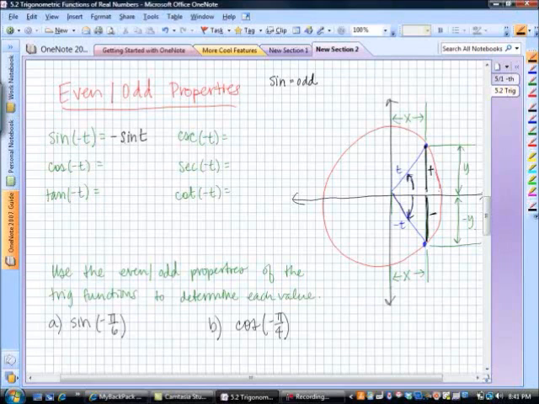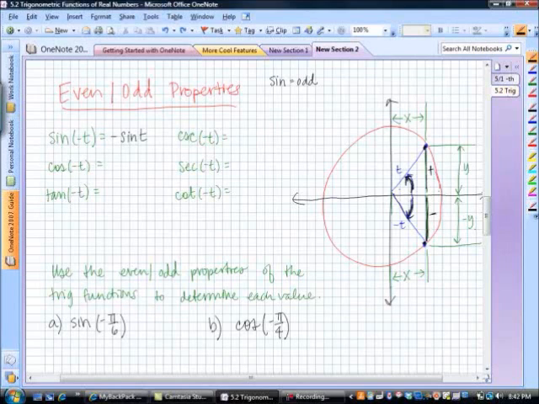Now let's look at cosine of t. Cosine t, remember, is the x value. So when we rotate t units and we rotate negative t units, do you see that these 2 points, whether it's a negative rotation or a positive rotation, our x value is still going to be the same positive.